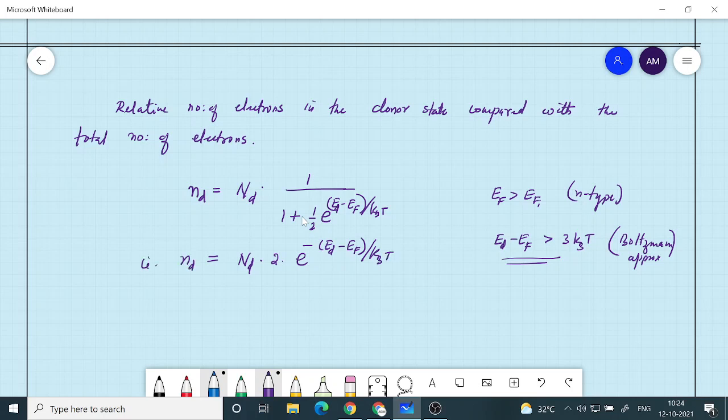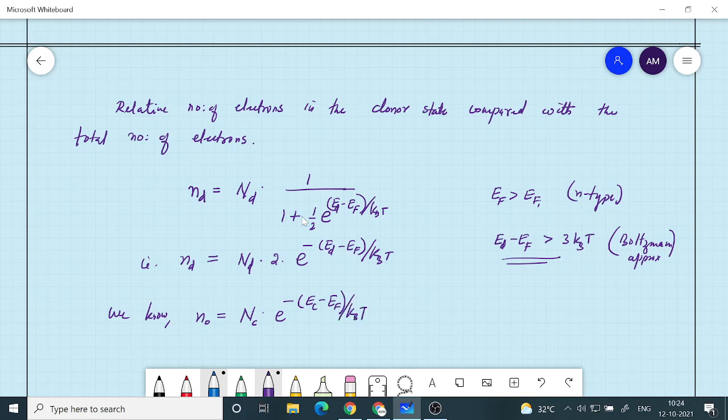And we know N0, that it is basically ni into the first expression, or the other expression we can take, Nc into e raised to minus of Ec minus Ef by kBT.